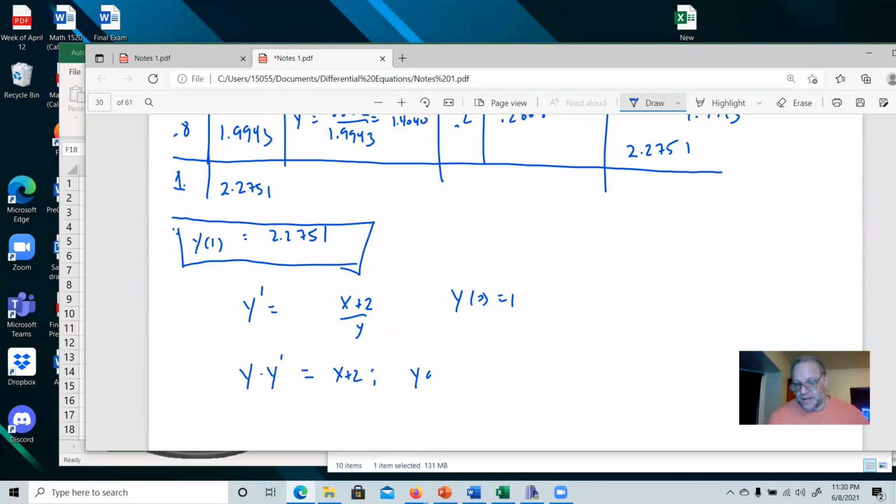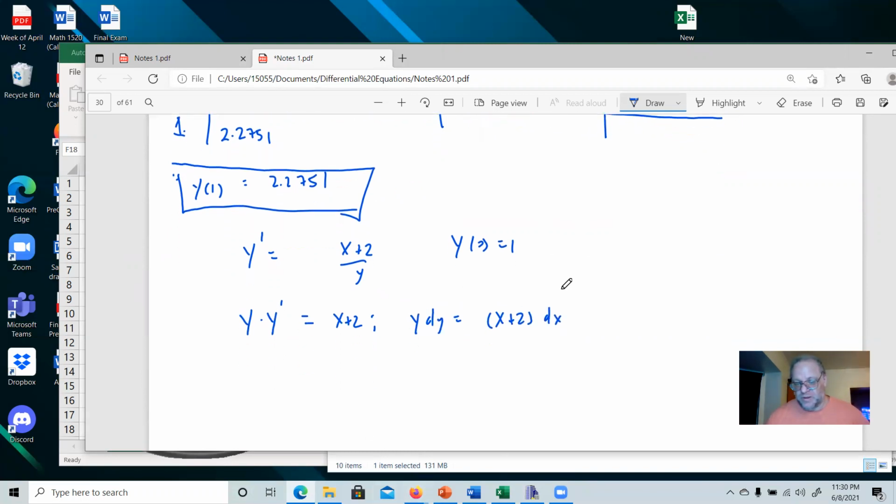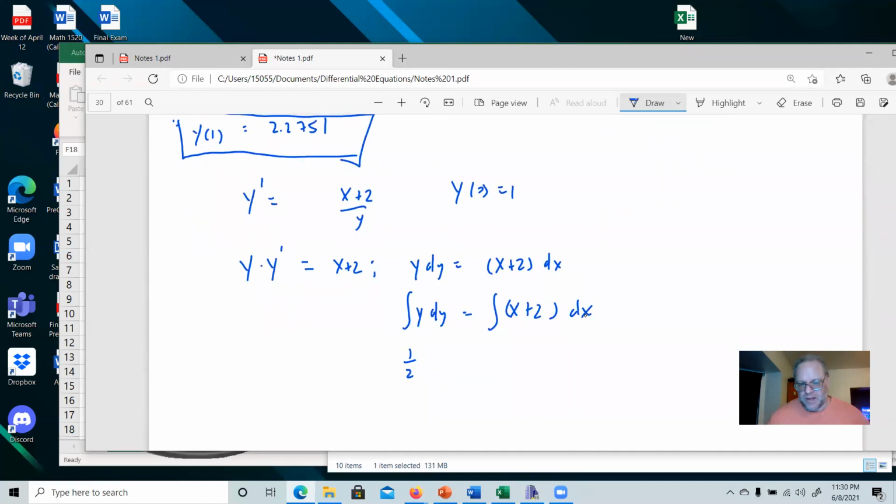This is y dy is equal to x plus 2 dx. I mean, my favorite kind. This is separable. We should be able to do this, no problem. Integral x plus 2 dx. So what do we have? We have 1/2 y squared is equal to x squared plus 2x plus c.